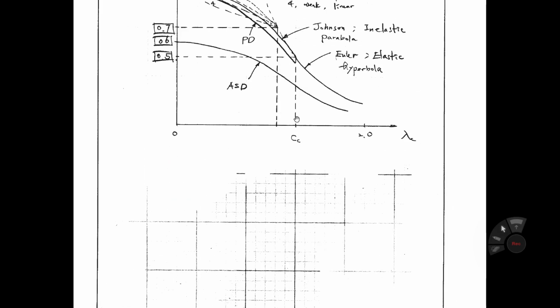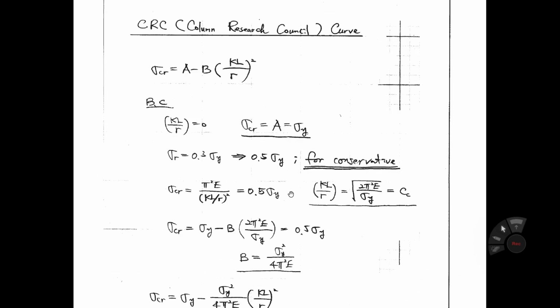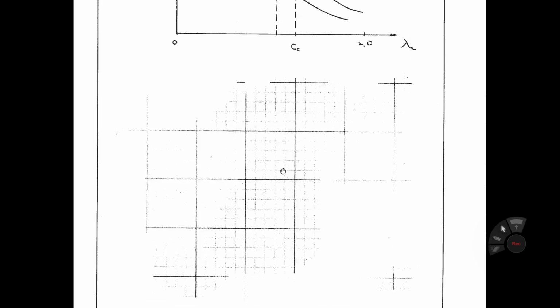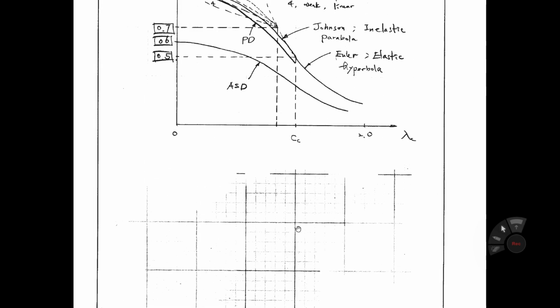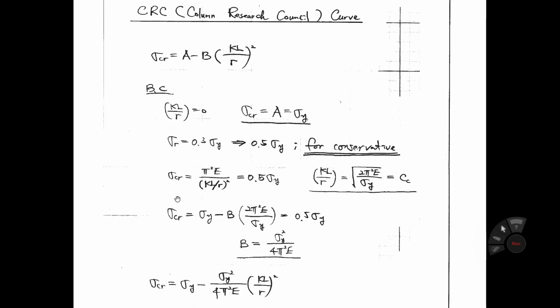It is just the boundary between elastic and inelastic column. CC value again is this one. So we get this value from Euler buckling stress. So Euler buckling stress is the elastic column. This is the elastic column. So we are currently calculating the inelastic column. So you see this is the inelastic column curve. So sigma CR equals sigma y minus B something like that.